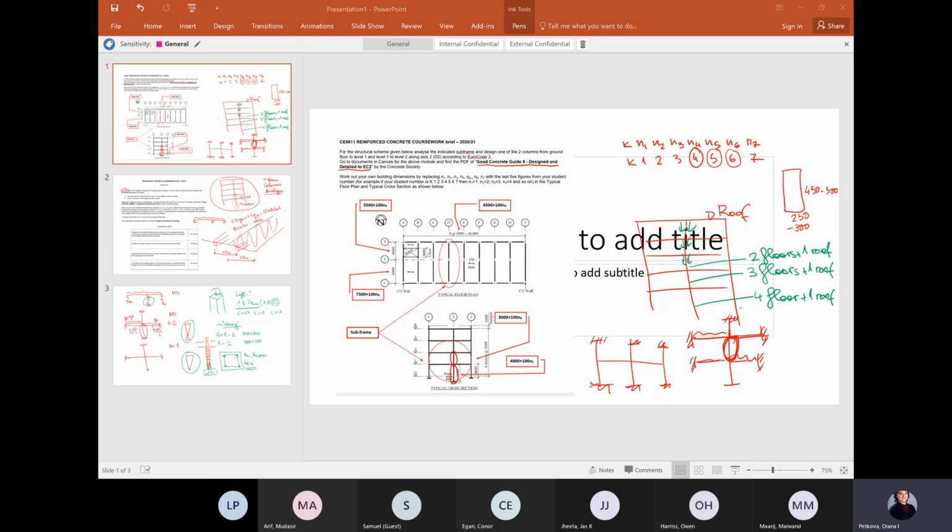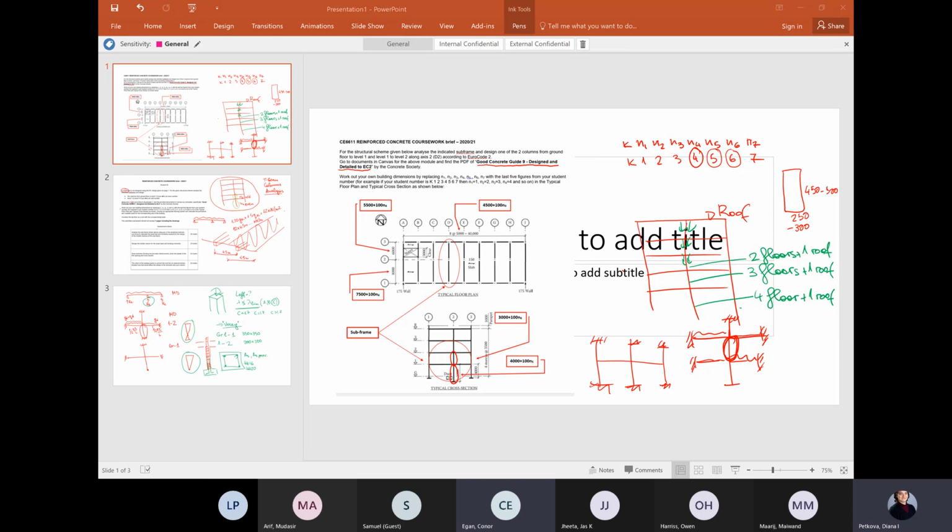Sorry. If you have a 0, take it as 1. So where it says, I don't know, 3,500 plus 100 and whatever, you treat that as 3,500 plus 100 times 1.